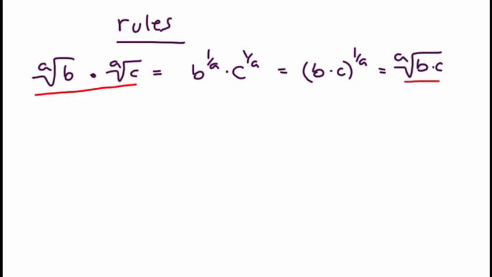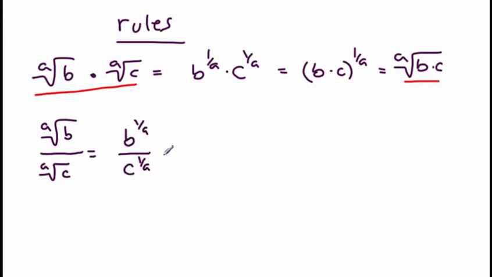Now what if we were going to divide? Well, let's see what's going to happen there. If we had something like the 8th root of b divided by the 8th root of c, once again that's really just b to the 1 over a and c to the 1 over a, and from our rules of exponents, this is a distributed case of b over c to the 1 over a.